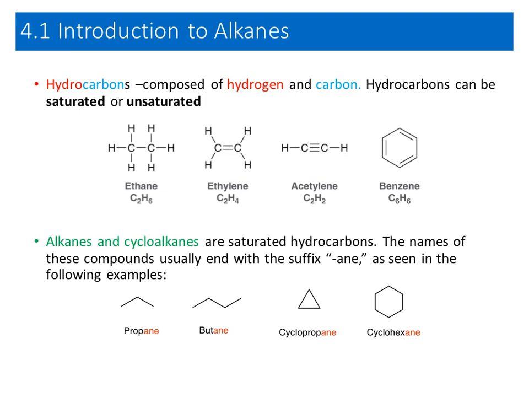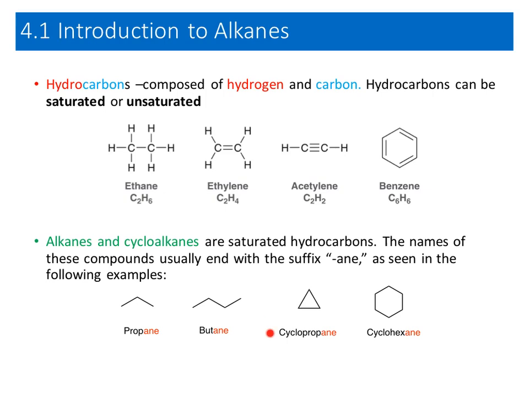In this chapter, chapter 4, we are specifically looking at these saturated molecules, alkanes and cycloalkanes. As you noticed in their name, they get the suffix "ane" at the end, so we don't confuse them with alkene and alkyne molecule. You can see the example for alkanes here, propane and butane.